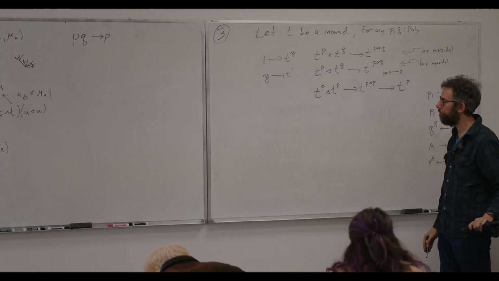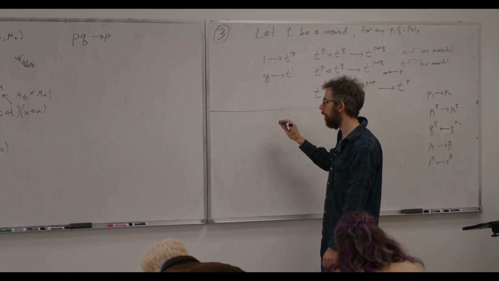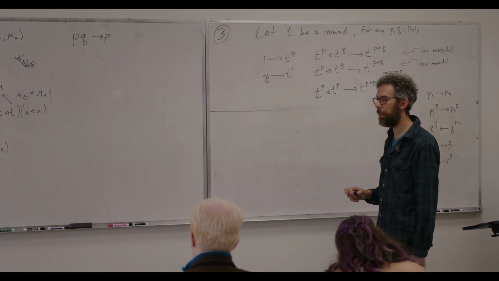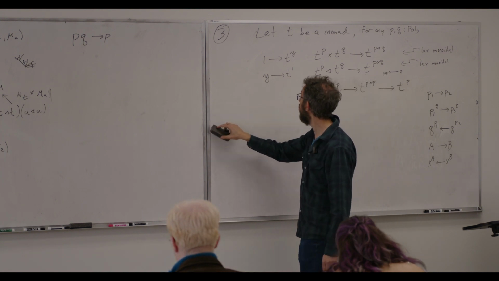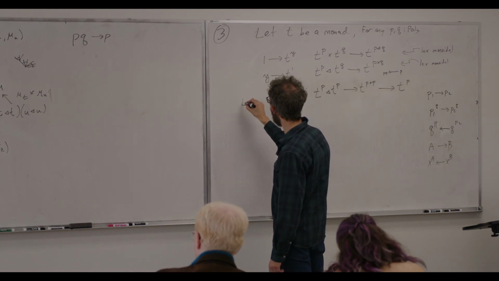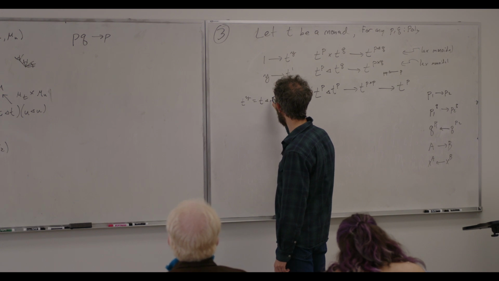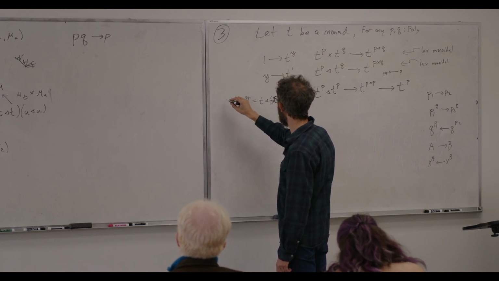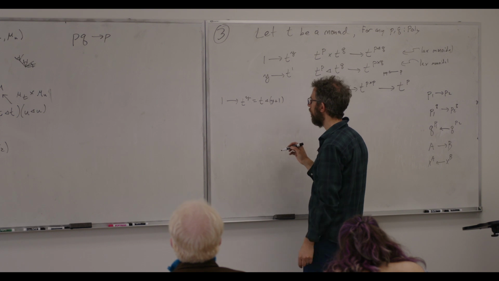Okay, so I want to do the free monad and then move on. Can you please just do the unit map? Unit of t to the y is t composed with y plus 1. And so the map from there goes to the unit and then the 1.